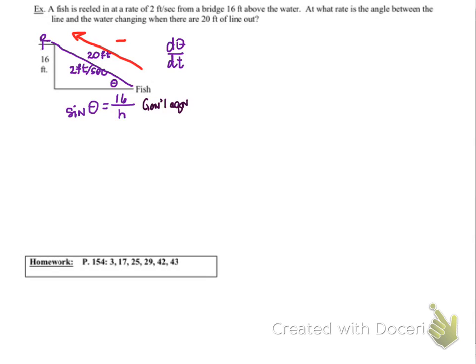So we're going to go ahead and take the derivative of this, and we get cosine of theta d theta dt equals low d high minus high d low all over h squared.